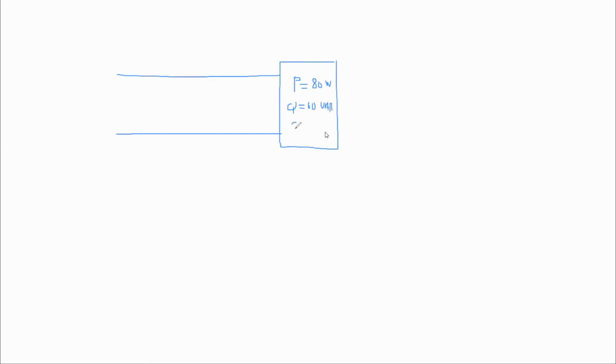Then in this case, S equals 100, which is P squared plus Q squared under the square root. Power factor equals 0.8. Voltage is 50 volt. And this is the source that gives you 50 volt.